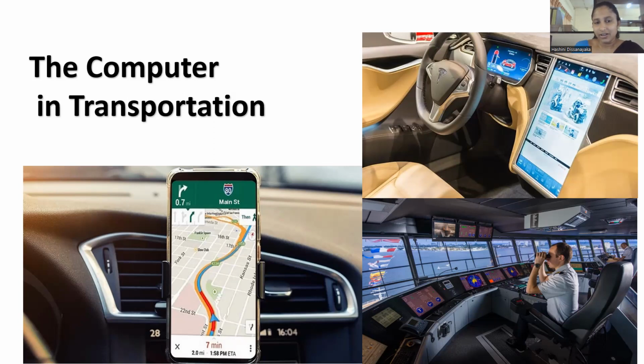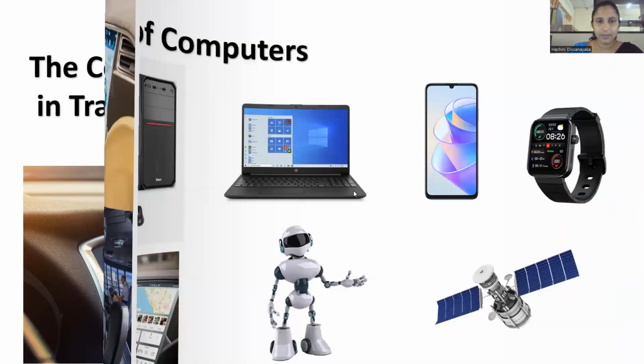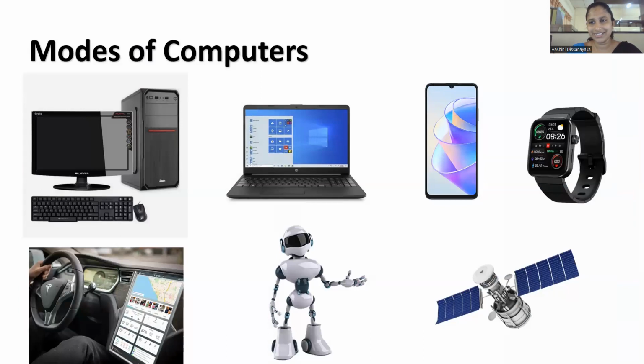Okay, let's move into the next slide. Mode of computers. At the very beginning, I introduced what a computer is. What kind of devices can we include under the types of computers? You can see in this slide, several images are included under the categories of computers.